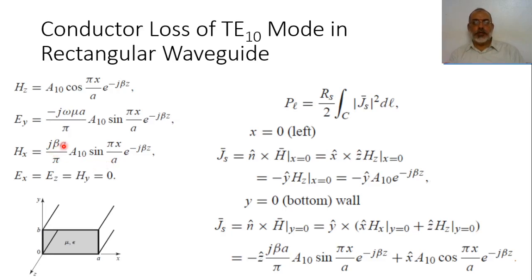So it is j beta a over pi A10 sine pi x over a e to the power minus j beta z, plus x Hz at y equals 0. So this would be A10 cosine pi x over a. So this is the surface current at this side wall and this is the surface current at this wall.